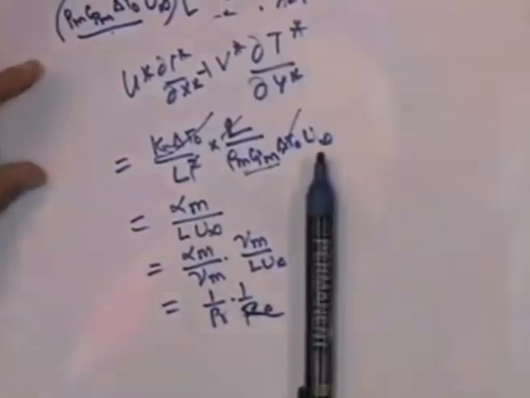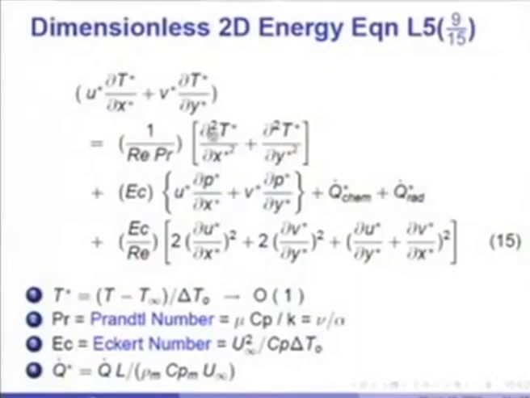And that is what you see here, the multiplier of d2T star by dx star square plus d2T star by dy star square would simply become 1 over Reynolds Prandtl.